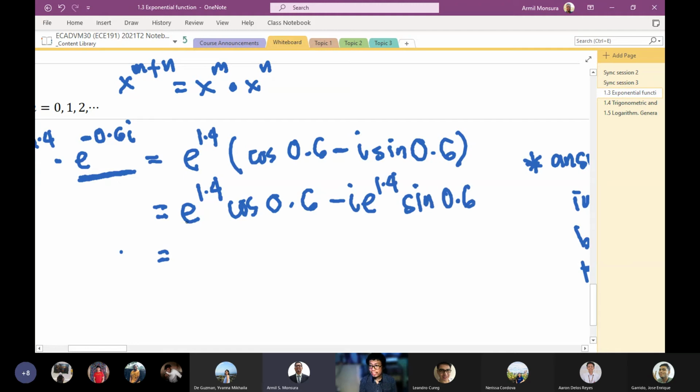Ano ngayon yung value ng e raised to 1.4 times cosine of 0.6? Ano yung value nun?